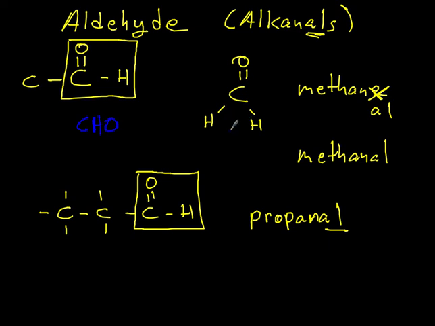When you see a CHO, that's an aldehyde. For example, this propanal would be CH3, CH2, CHO. That's how you're going to write that aldehyde out in a condensed formula.